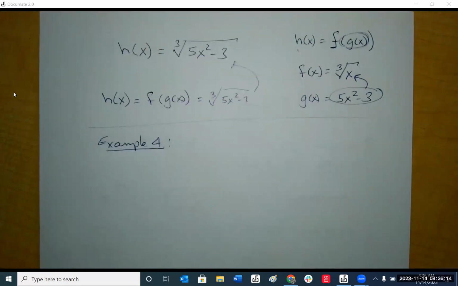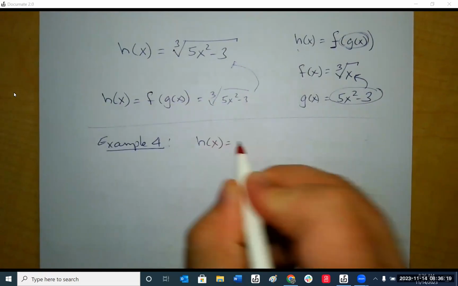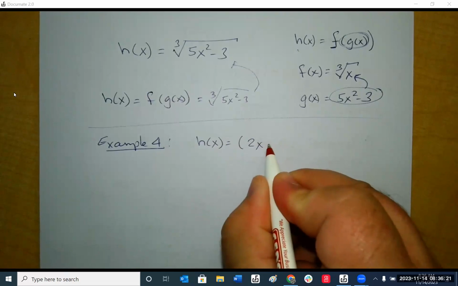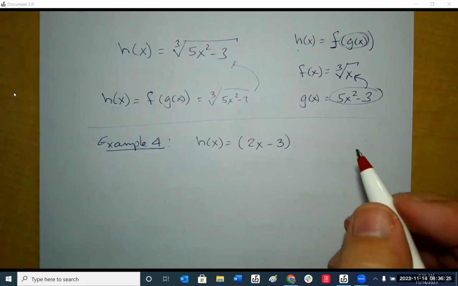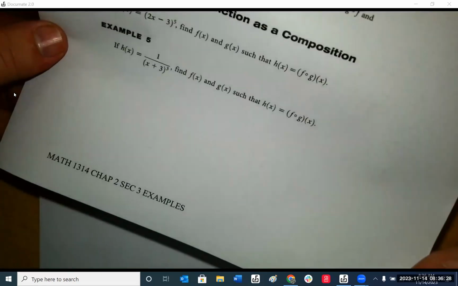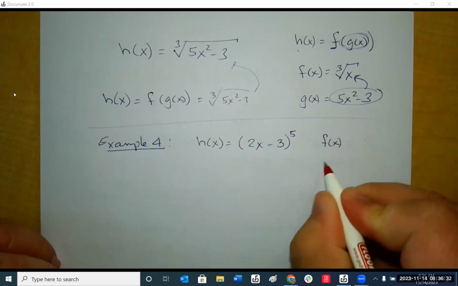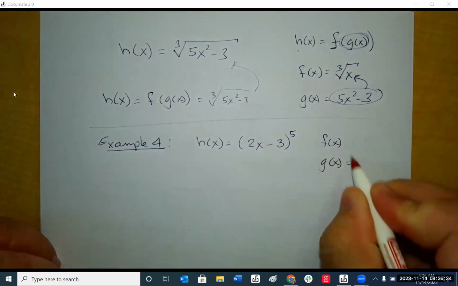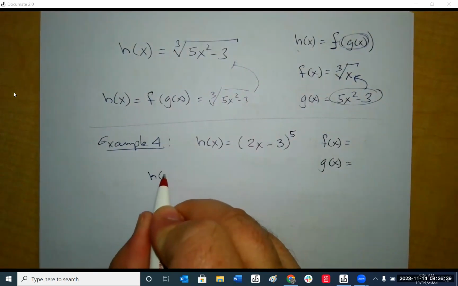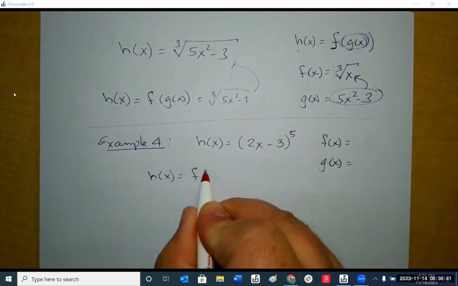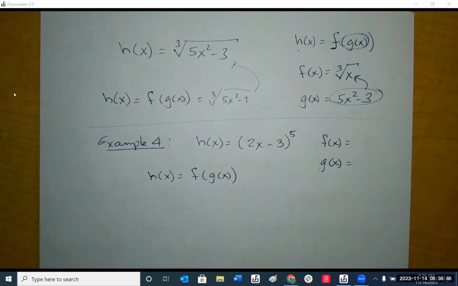Example 4. H of x is equal to 2x minus 3, to the fifth. Find the two functions f and g. So we're looking for this decomposition.